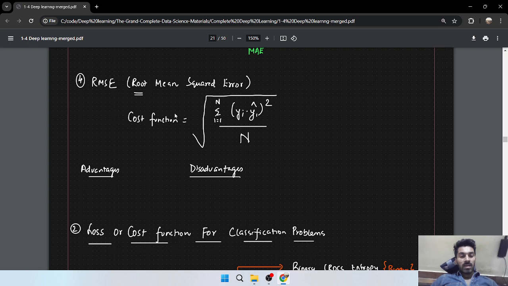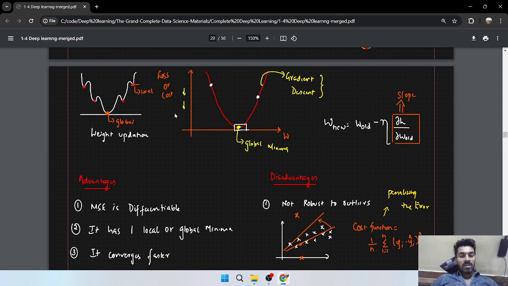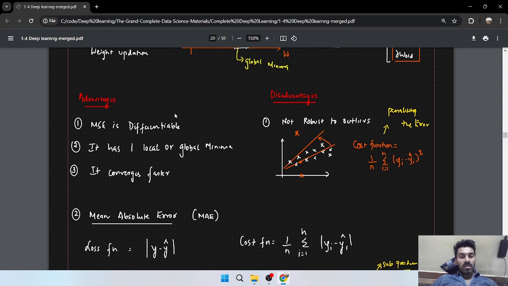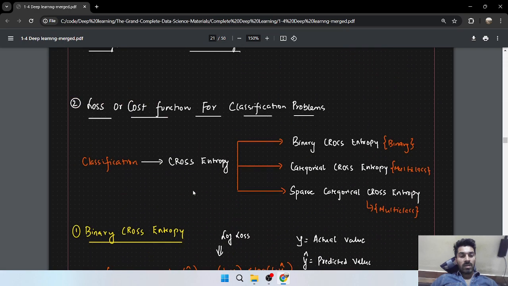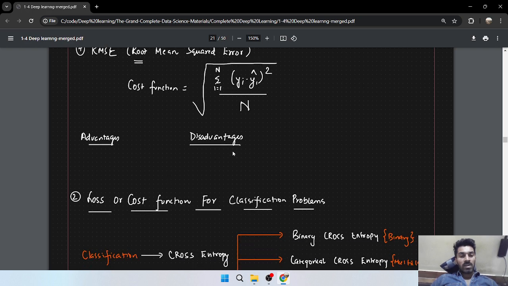In MSE, the output is penalized if there is an outlier, but in this there is no effect. It is also differentiable, and it has only one global minimum. These are some advantages. The disadvantage is that we have to do some calculations, so there is a time complexity problem.